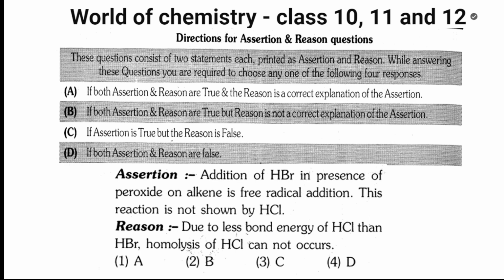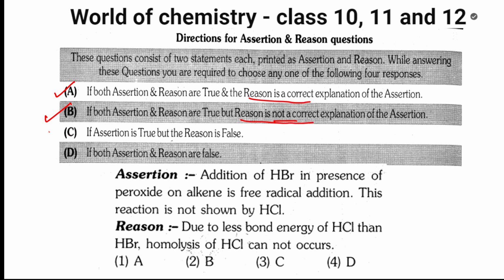Let us read the question. So basically, you have assertion and reasoning questions in your board examination. Almost 5 questions are there. For example, they've given me 4 options. Option A, where assertion and reason are true, and reason is a correct explanation. Option B, both assertion and reason are true, but reason is not the correct explanation.